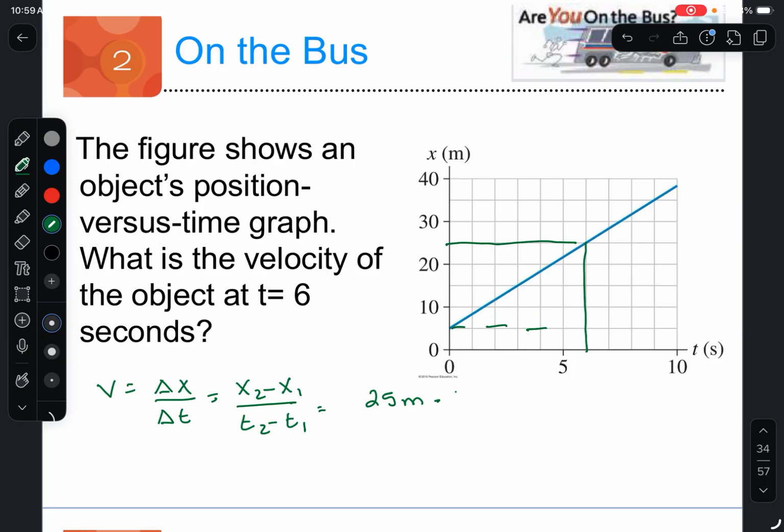I started at 5 meters. My time ended at 6 seconds, and I started at a time of 0 seconds. So I have 20 meters over 6 seconds, and simplifying that, it comes out to be 3.3 meters per second.